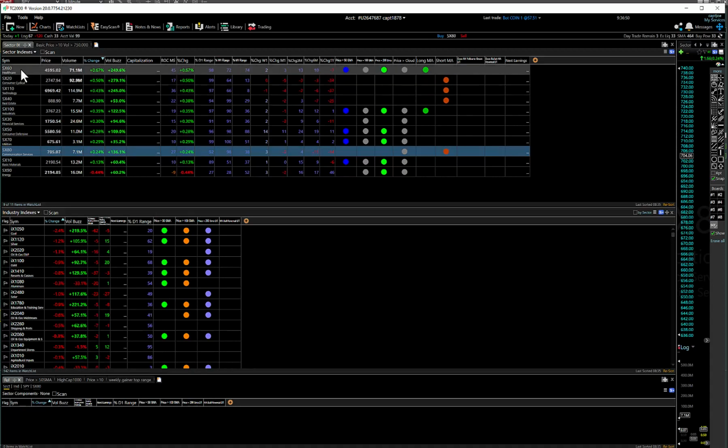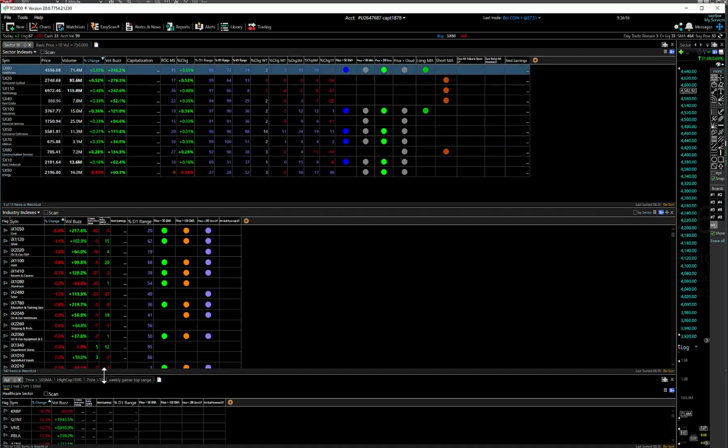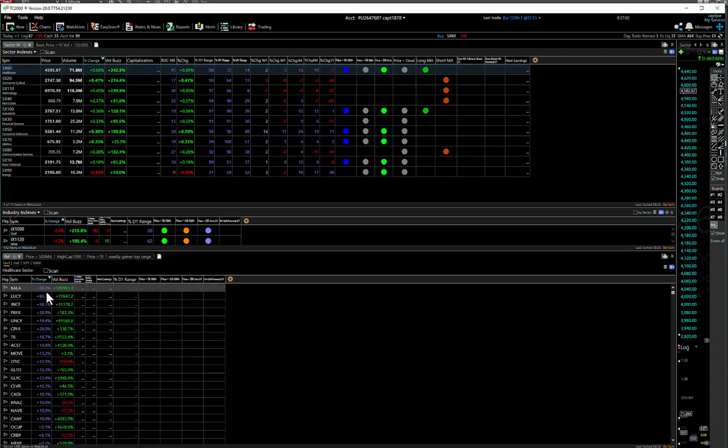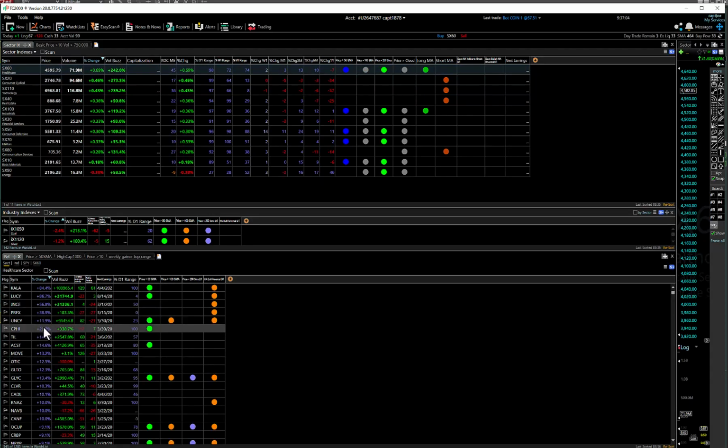But once you choose, in TC2000, what I really like about it, healthcare is at the very top. If I click on healthcare, when I go down to my relative strength window here, it'll pull out the stocks that are really outperforming, and I can do that by percent change.